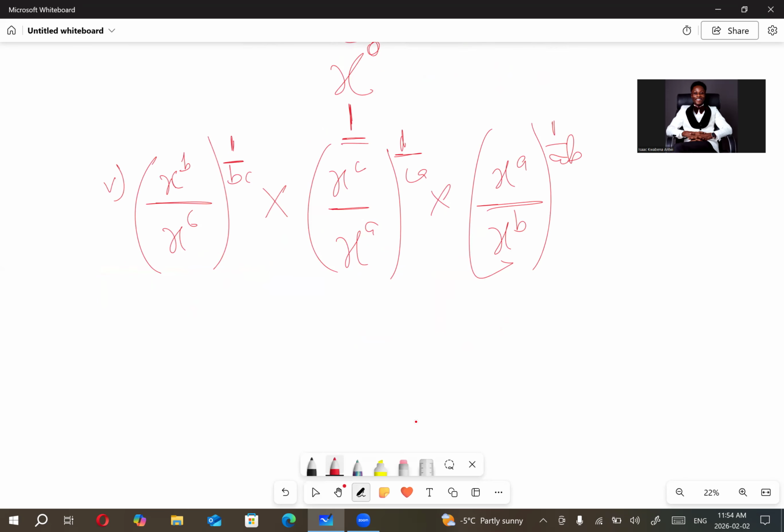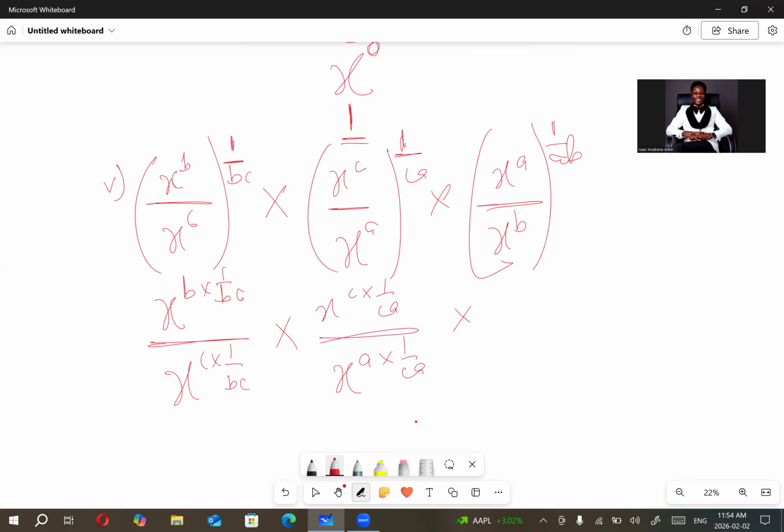For the first bracket, we have x exponent b times 1 over bc, all over x exponent c times 1 over bc, times x exponent c times 1 over ca, all over x exponent a times 1 over ca, times x exponent a times 1 over ab, all over x exponent b times 1 over ab.